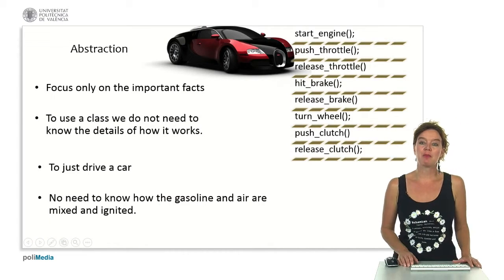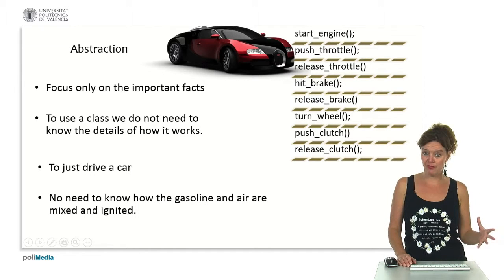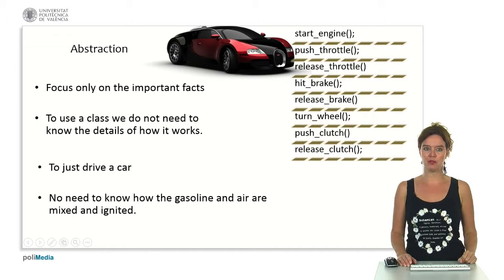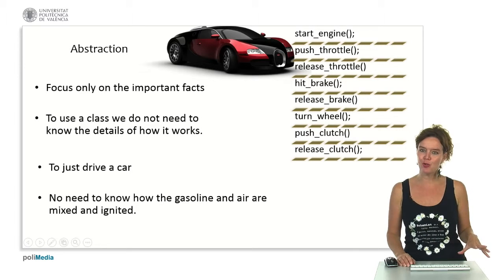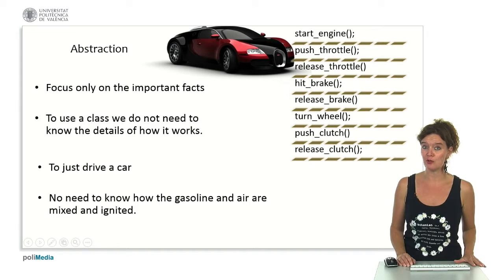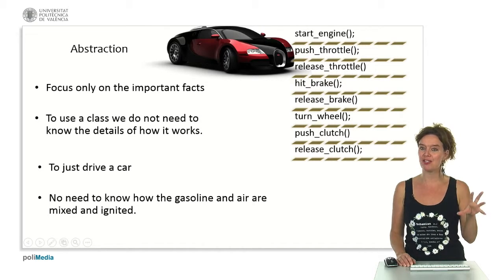It also helps abstraction. Abstraction, as we've already seen in the figures, is a way to focus only on the important facts. Because sometimes to use a class, we don't need to know all the details of how it works. Sometimes we don't even want to know. To drive my car, I don't want to know how it actually works.